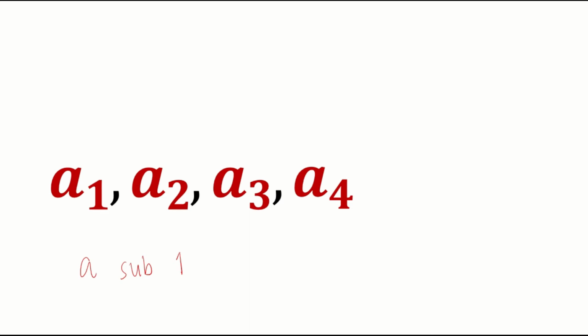To generalize, we have small letter A with the subscript n, read as A sub n. This notation represents the nth term of a sequence. When the sequence goes on forever, it is called an infinite sequence.